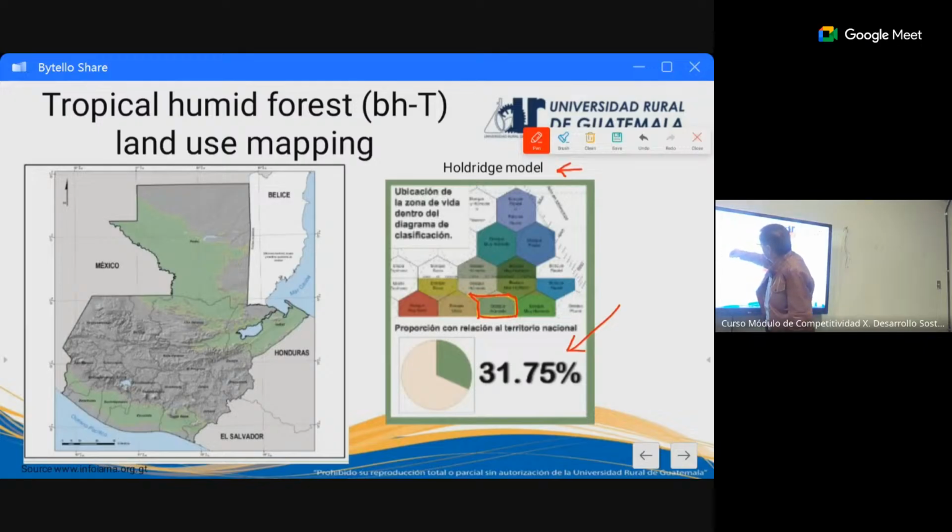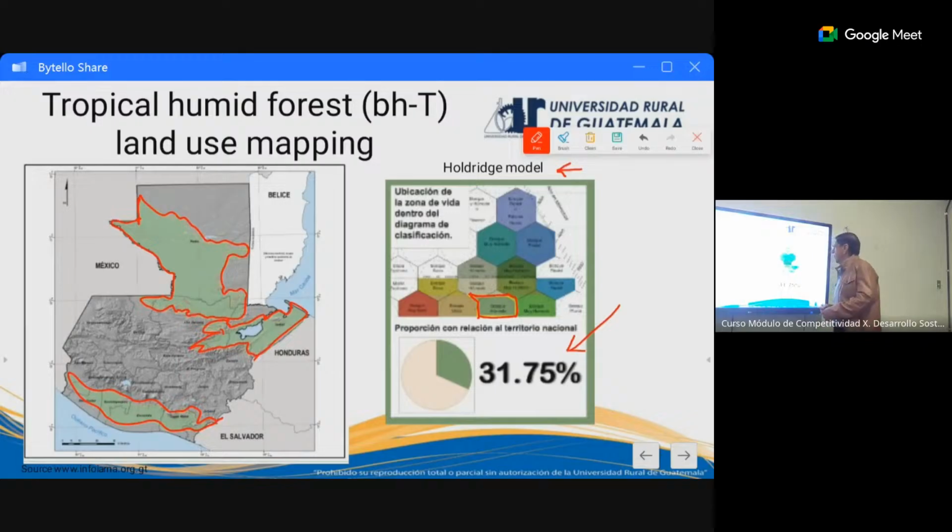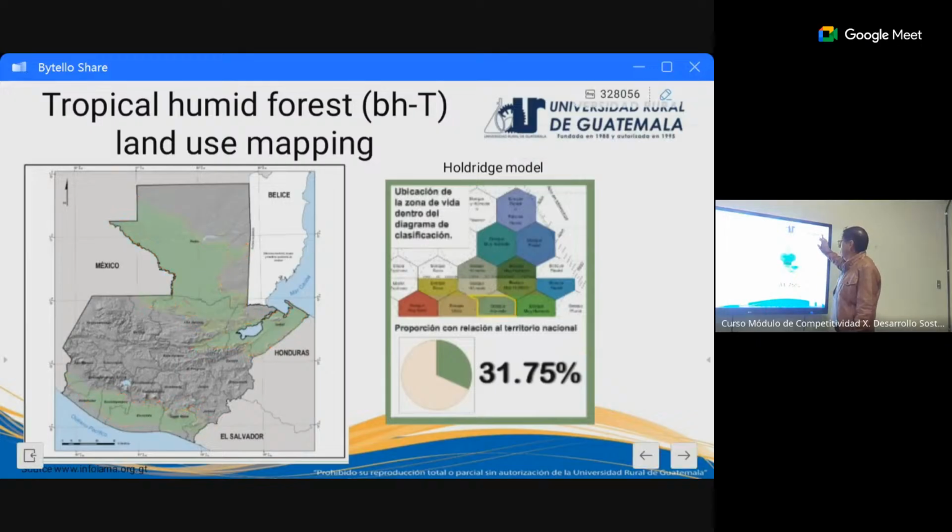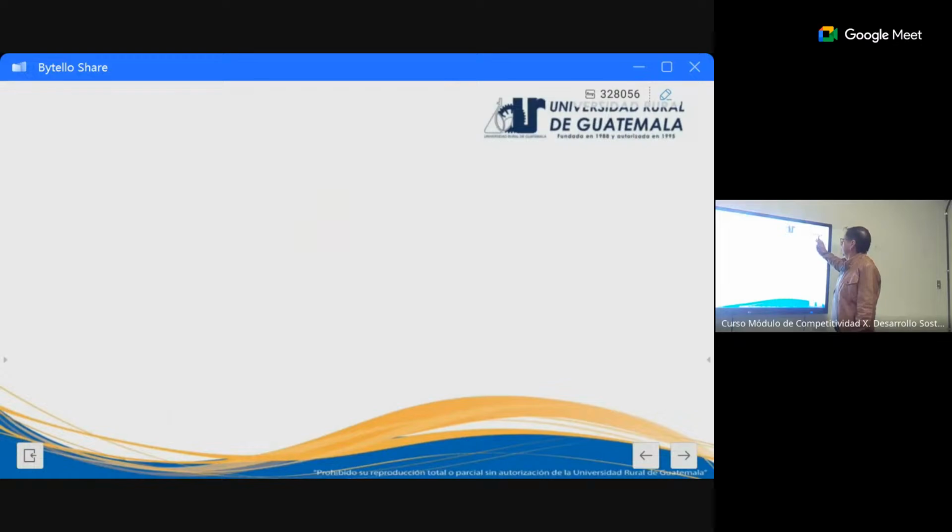So you can see that this is a greater area compared with the previous areas that we are studying today. Okay? So this is the tropical humid forest and its characteristics.